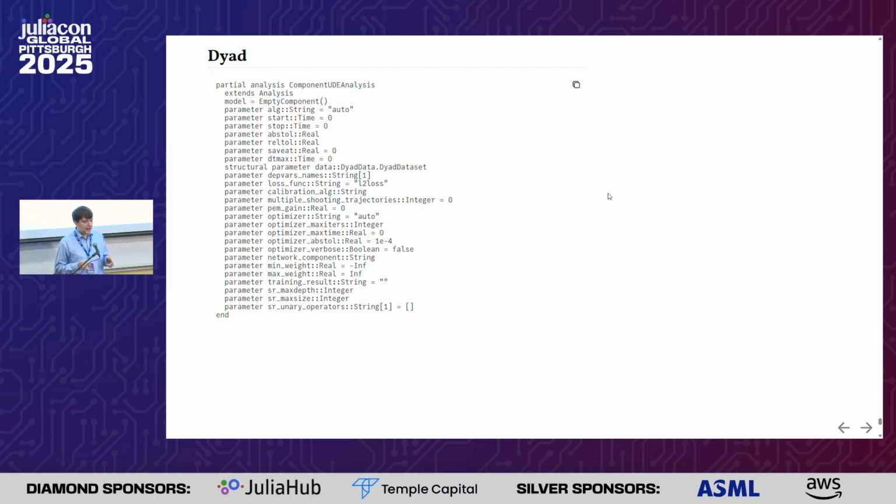This is an analysis definition for how you could do UDEs, and the idea is that you don't want to have to manually go through all the steps. We can formalize all of this and package it in this analysis format so that you can easily go from the block diagram. You might have noticed there were some screenshots of block diagrams that are from Dyad.